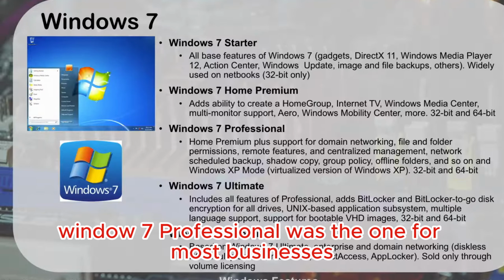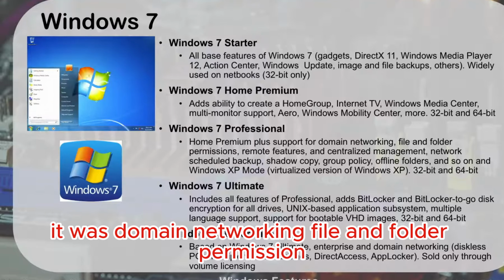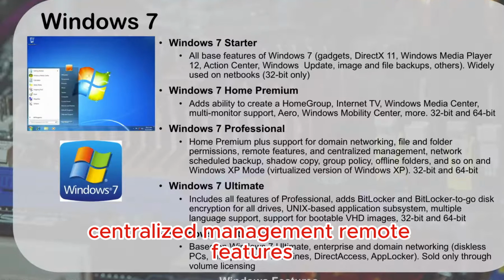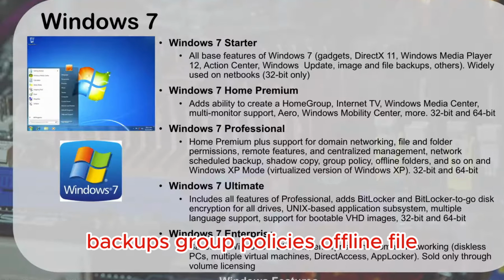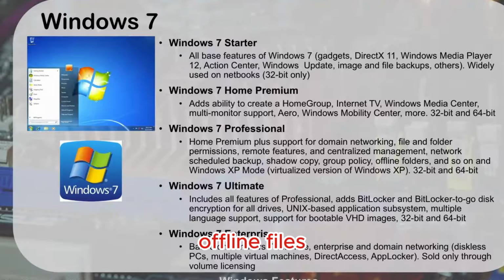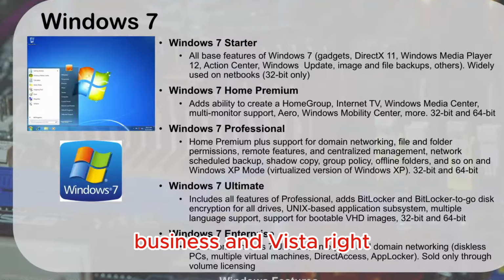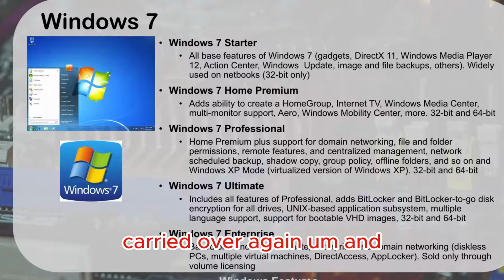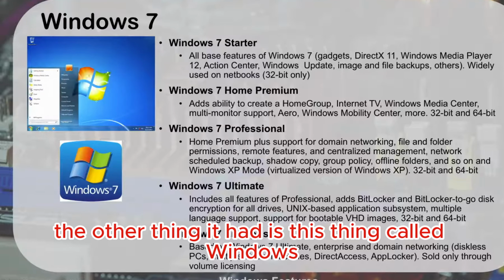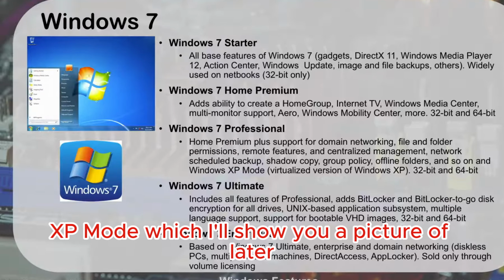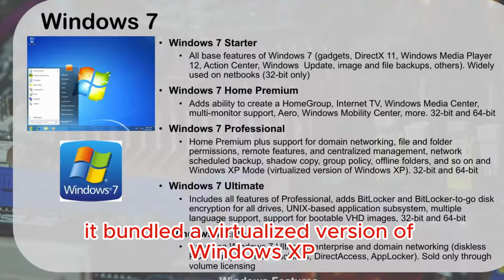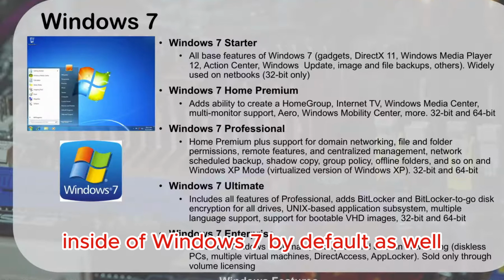Windows 7 Professional was the one for most businesses. It had domain networking, file and folder permissions, centralized management, remote features, backups, group policies, offline files, a lot of the same stuff we were talking about with Business in Vista, carried over again. The other thing it had is Windows XP Mode, which I'll show you a picture of later. Essentially, it bundled a virtualized version of Windows XP inside of Windows 7 by default.